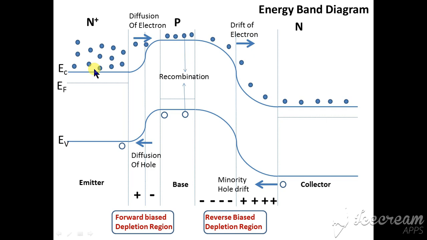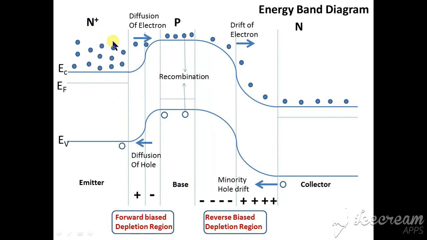Now, the mechanism of transport of charge carriers through a biased NPN transistor may be explained from its energy level diagram under emitter-base forward bias and collector-base reverse bias, where EC is the lower energy level of the conduction band, EV is the upper energy level of the valence band, and EF is the corresponding position of the Fermi level for N and P type semiconducting material.